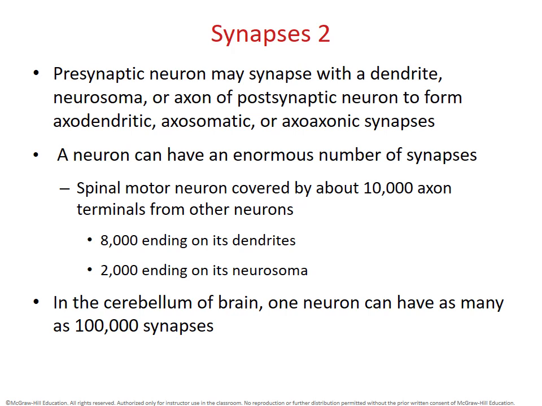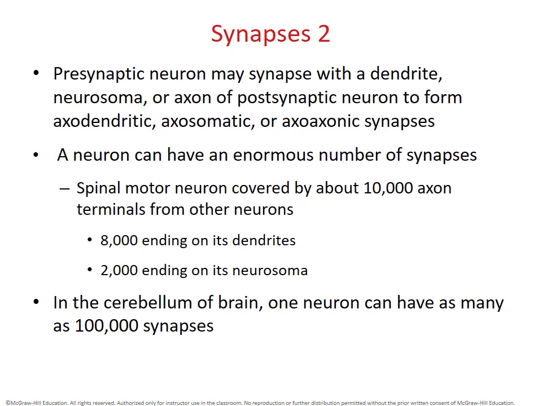Now, as we said, in the case of a neuron-neuron synapse, which is what we're going to focus on from this point out, just neuron-neuron synapses for the most part, the presynaptic neuron, when it synapses with the postsynaptic neuron, can synapse really with any part of that postsynaptic neuron. It's very common.